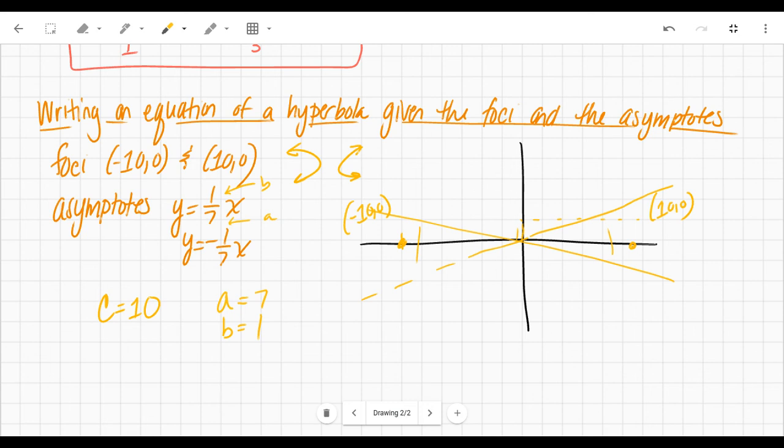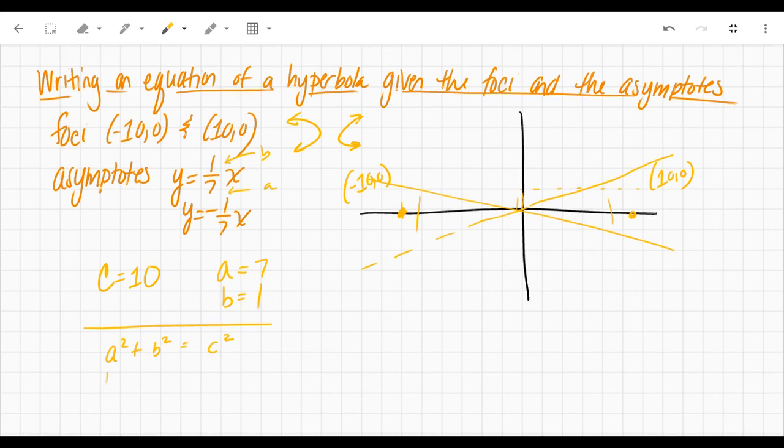So what the problem here is that this doesn't work. Because a squared plus b squared is supposed to equal c squared. And that would be 49 plus 1 equals 100. And it doesn't, right?